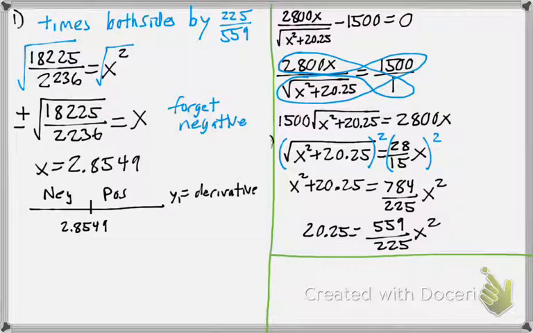So this is our minimum proof. So without this, it's just a critical number. It could be a maximum, it could be neither, but we really need to prove that it is an actual minimum, meaning it changes from negative to positive on the number line. So I do want you to show this.